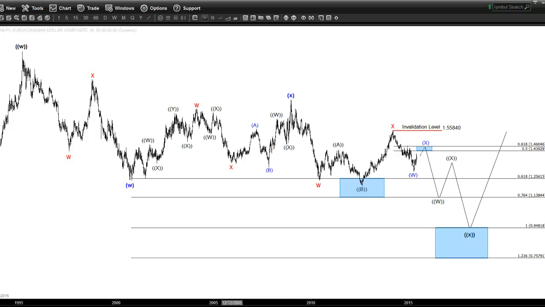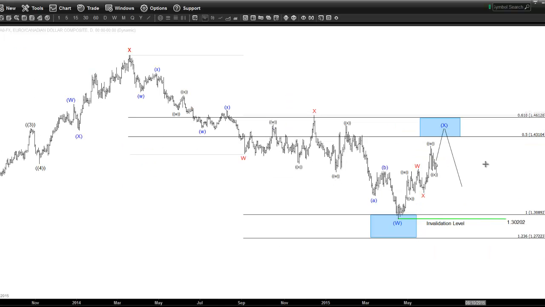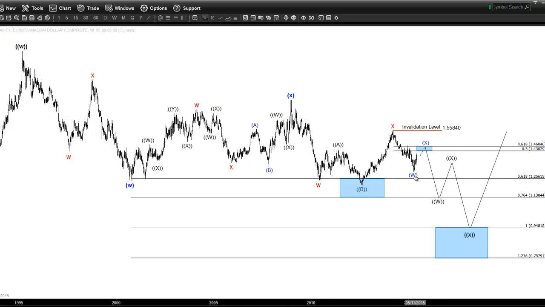If you look at the daily chart of the EuroCAD, we can see from the W in blue, which is this W in blue you saw in the weekly chart earlier, we have a rally to complete the X in blue bounce.